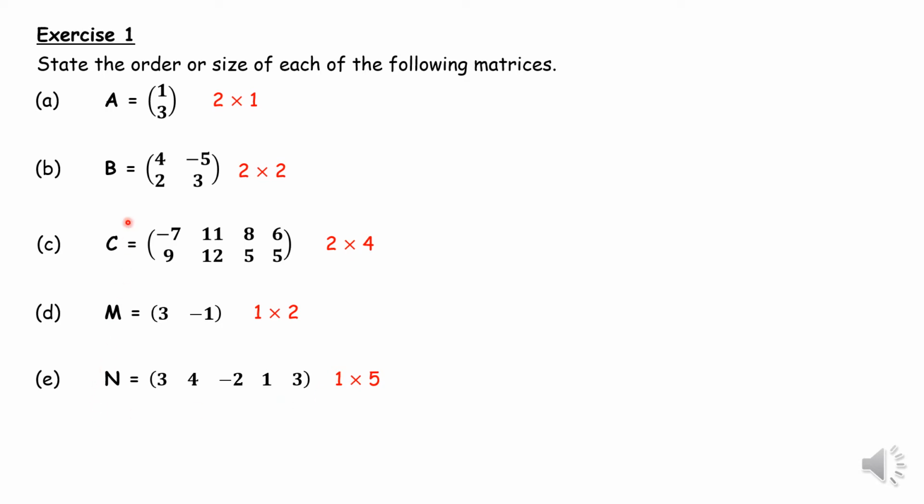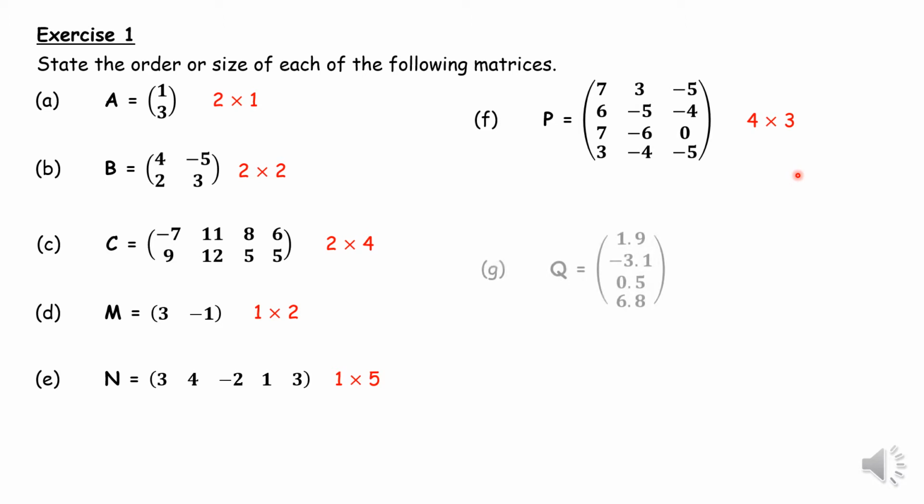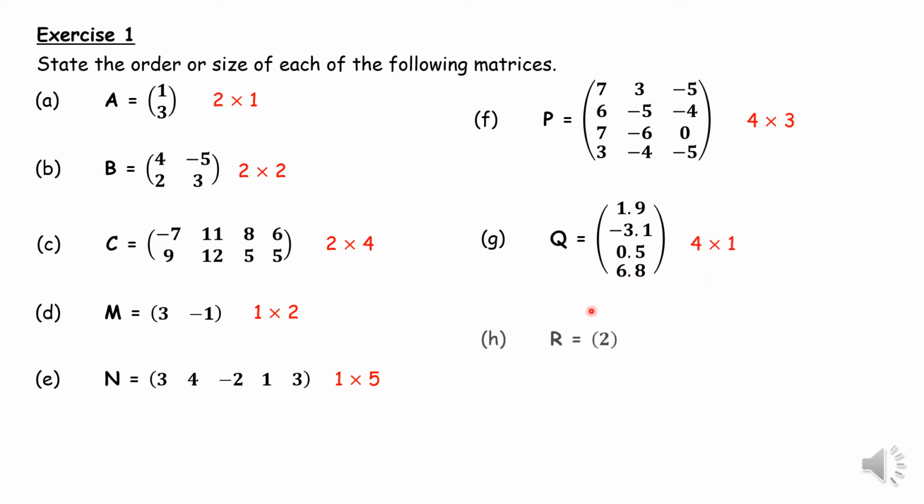Can you see that it's also represented by capital letters, and here in this case they are bolded. So this is matrix P consisting of 4 rows and 3 columns, so this is a 4 by 3 matrix. This one here, careful, these are decimal numbers, so it's 4 rows and 1 column, so it's a 4 by 1 matrix.